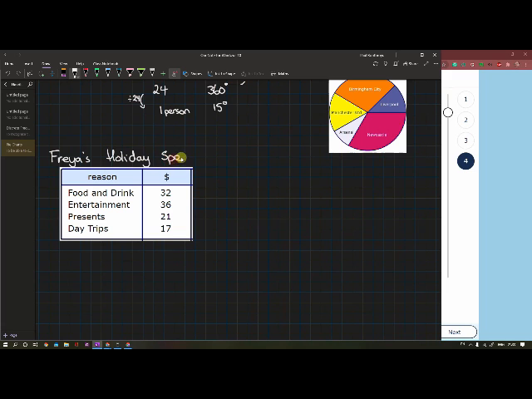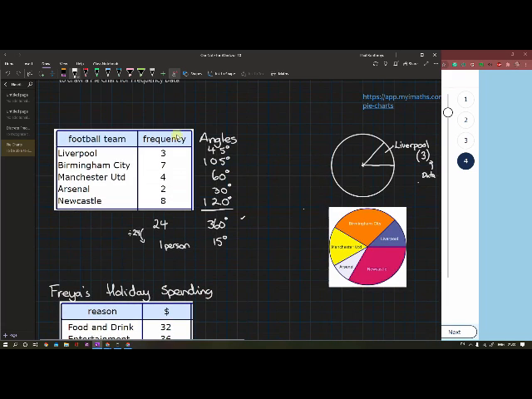Spending. Okay, and I ought to put up favourite football teams. Okay, so make sure you've got titles with each thing.